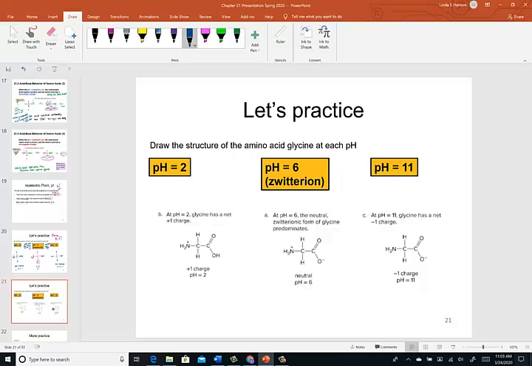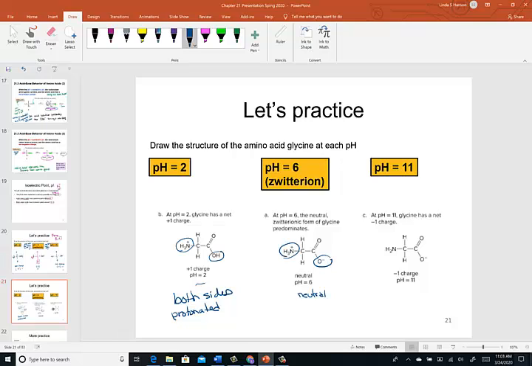With glycine in a pH range of very acidic, we protonate. Both sides are protonated. Here we have a neutral solution at the Zwitter ion. The acid is deprotonated, the base is protonated.